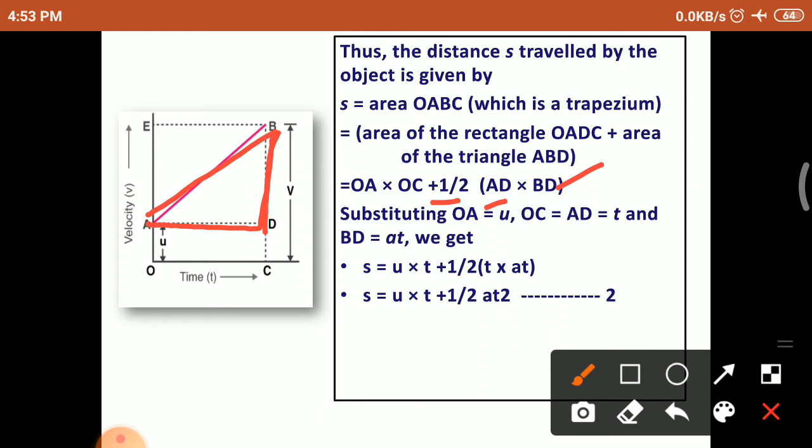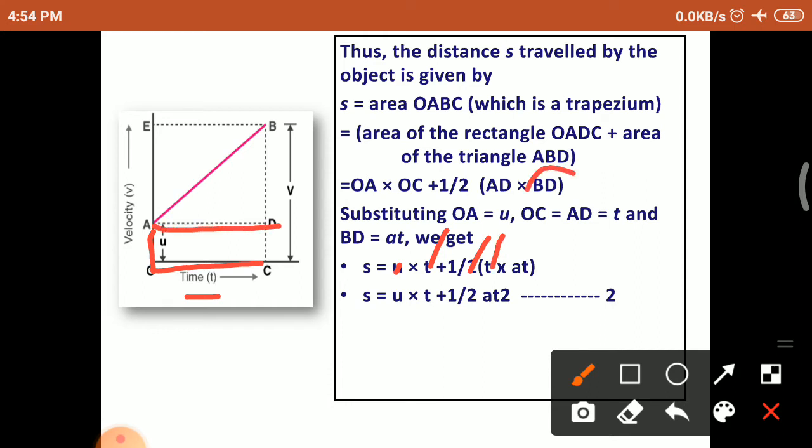Now you can substitute the values of OA, OC and BD. See, the value of OA is U, so substitute. The value of OC is time T, substitute. Then half. The value of AD is also T, substitute.